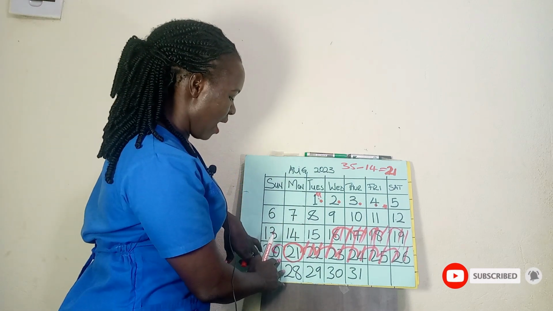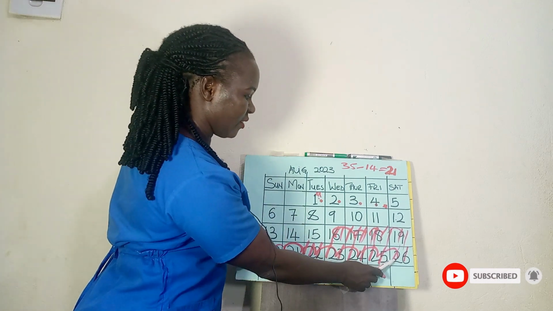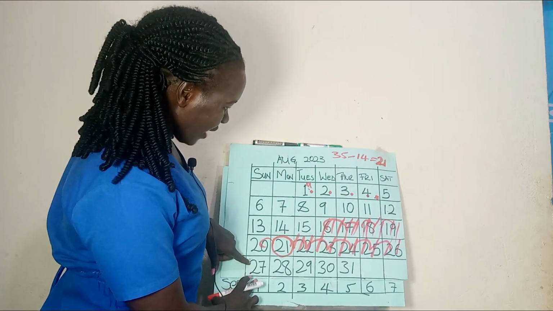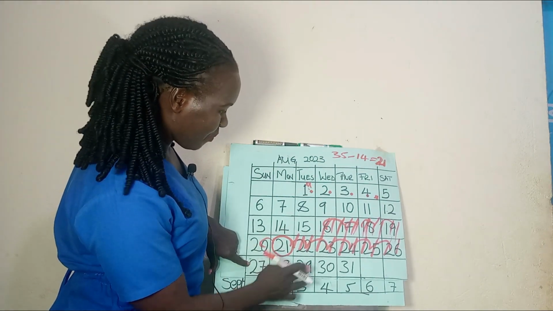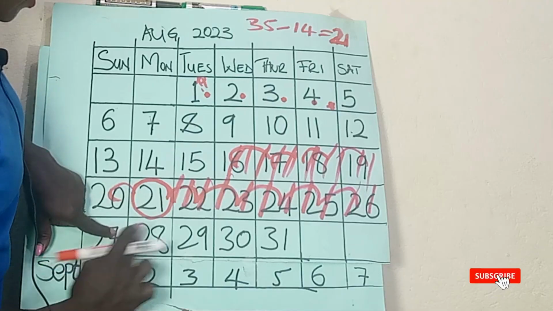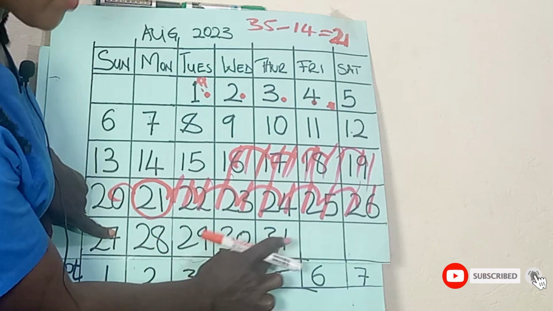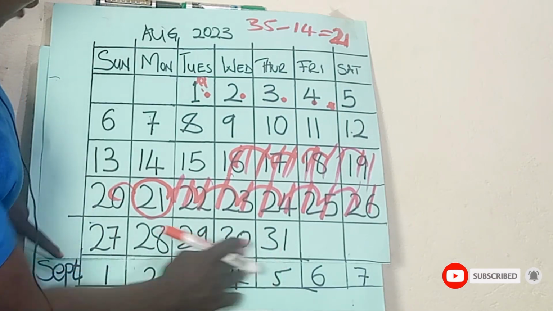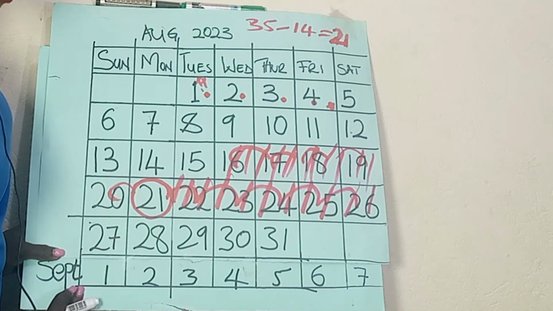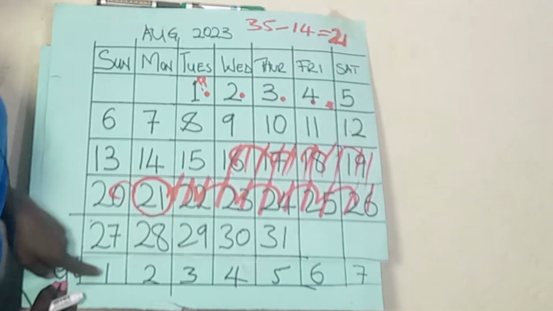And also down here, after the fertile days, her safe days start from 27, 28, 29, 30, 31st. Sorry, this is the next calendar that we've improvised here, and this is September 1st.